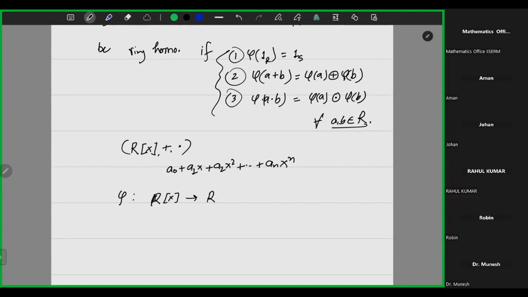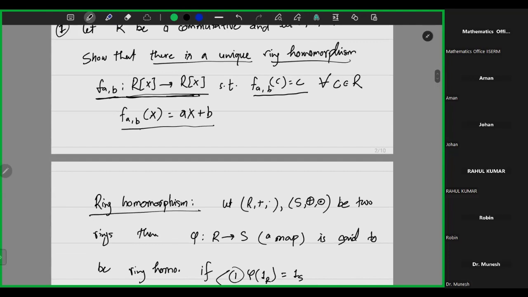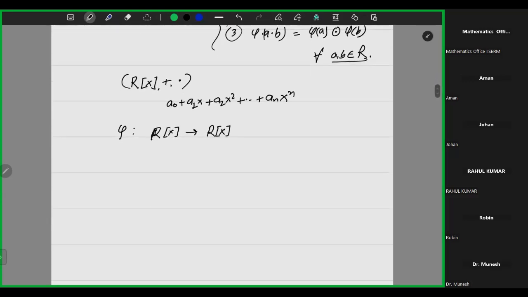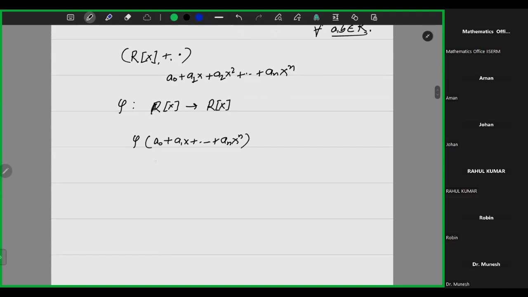Okay. We also want a ring homomorphism with these conditions, that on constants it is acting as identity, and on X it is giving AX plus B. So phi of a naught plus a1 x plus and so on an x power n. We want to apply phi on this because phi is a ring homomorphism.